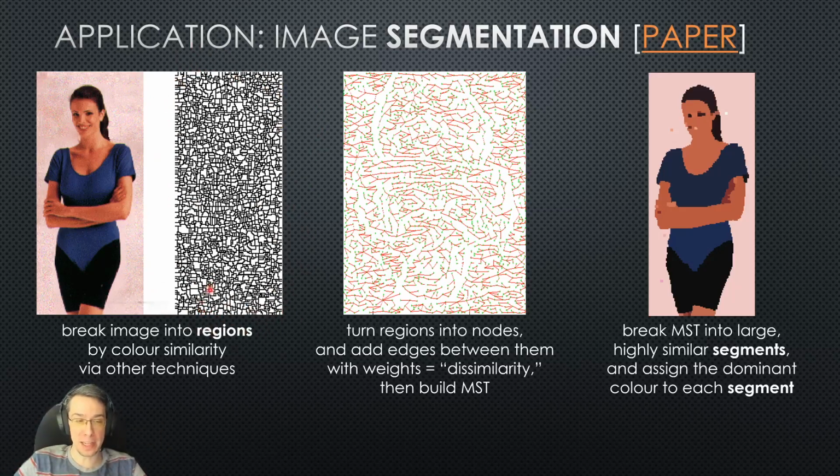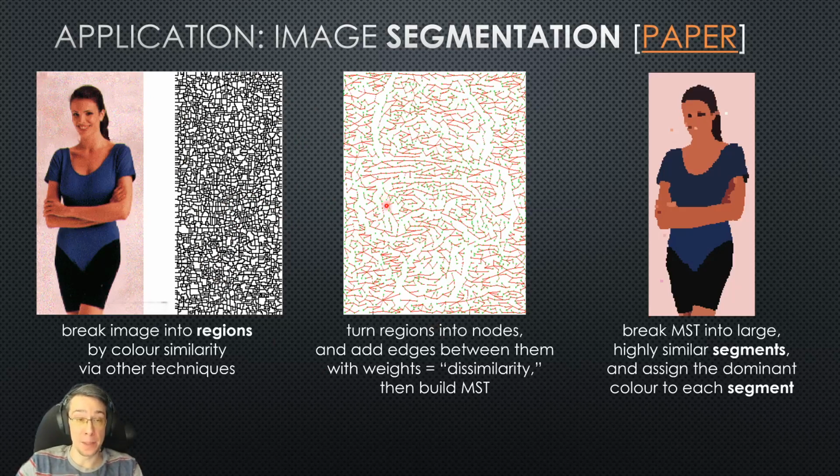And then if you look at each of these regions, you could imagine putting a point in the center of each of these regions, and that point would be a node in a graph. And then each region, of course, has some neighboring regions. And so you would draw edges between the vertices at the center of each region and the vertices of neighboring regions, regions that touch each other. You're going to draw edges between those.